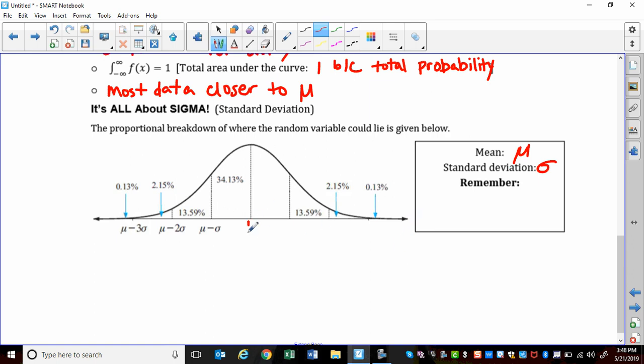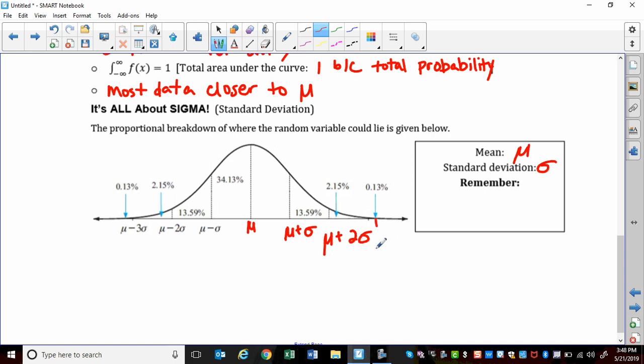So if this is our mean, this is 1 standard deviation away, 2 standard deviations away, 3 standard deviations away, and this is still 1 standard deviation away, but this is our mean plus the standard deviation instead of minus. And then obviously this is our mean plus 2 standard deviations.